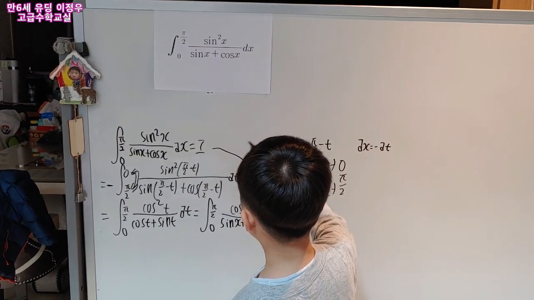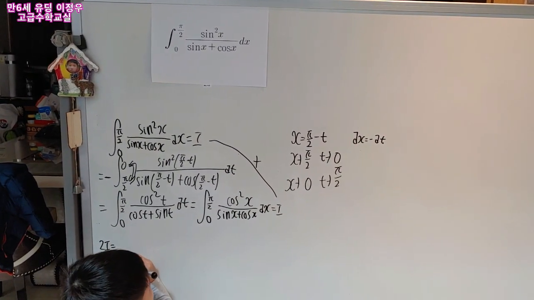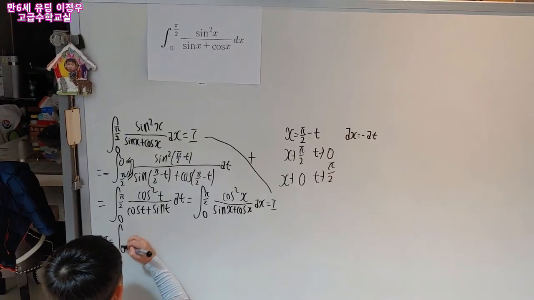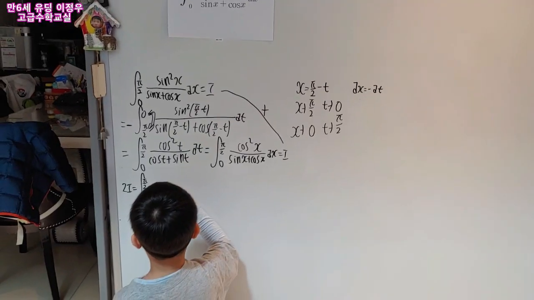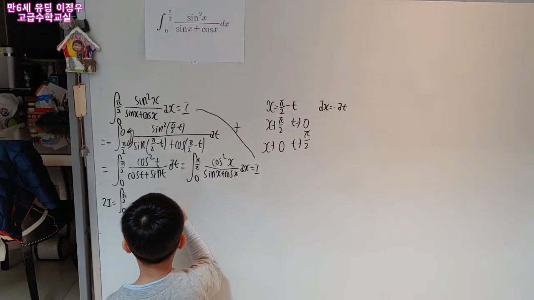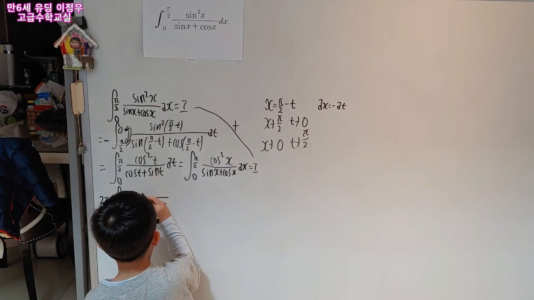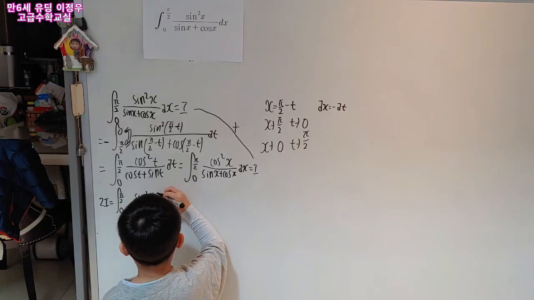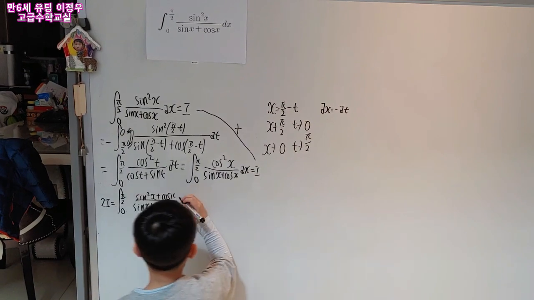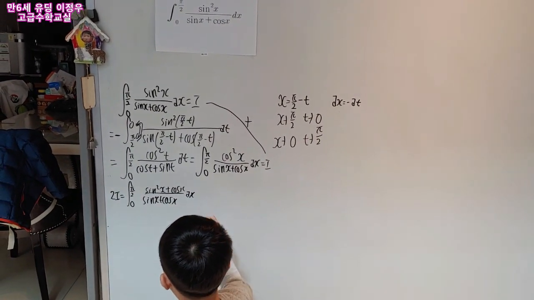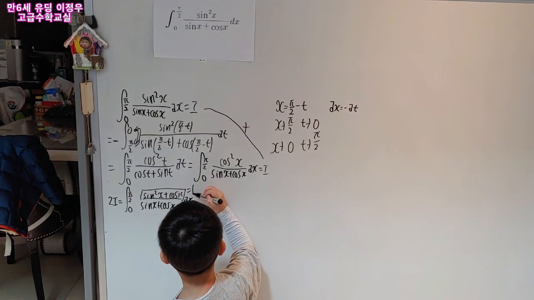And we add these two I's. So 2I equals the integral from 0 to pi over 2 of sine x plus cosine x, sine square x plus cosine square x over sine x plus cosine x dx, and this goes to 1.